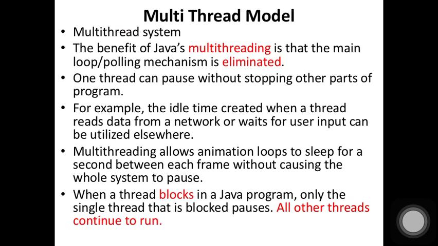There is no such continuous looping or continuous monitoring for a resource. We have more than one thread, and at any stage if one thread is blocked, the remaining part of the program is executed by the remaining threads, and all threads continue to run. So this is the main advantage of using the multi-threading concept.